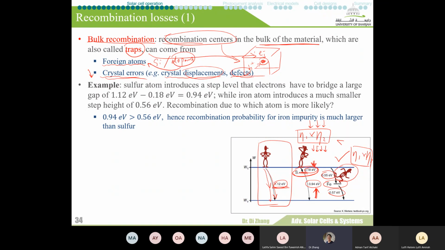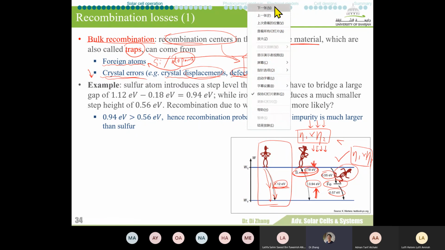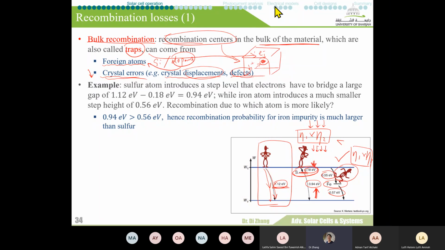In terms of the electron energy, where are the defects? Where are the traps? And do they allow a large probability, or because of the energy position, only a small recombination probability? This is something very interesting for you to study if you decide to work on reducing the recombination loss in solar cells.